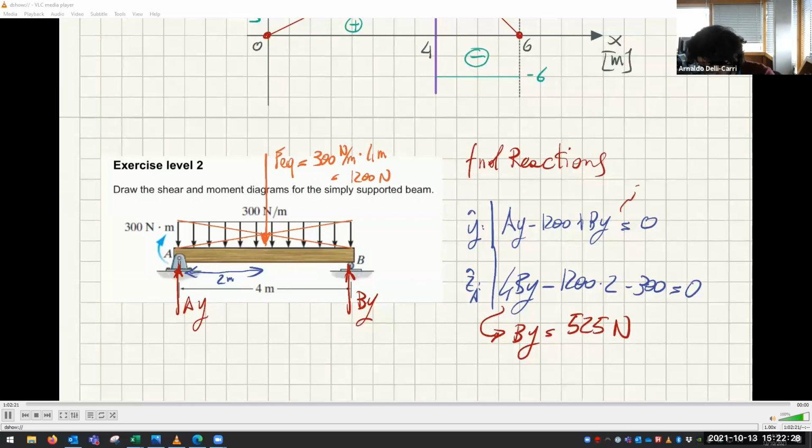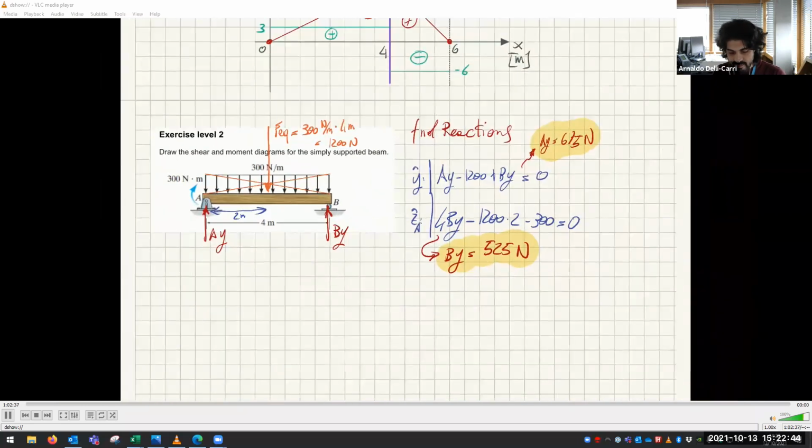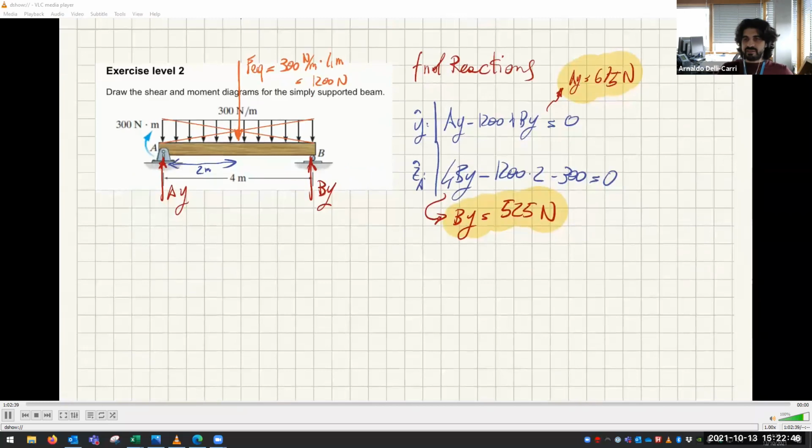So AY is 675. These are the reaction forces. Okay, good. Now, how many segments do we need here? Remember, how many segments we need to study this beam to find the shear and moment diagrams?